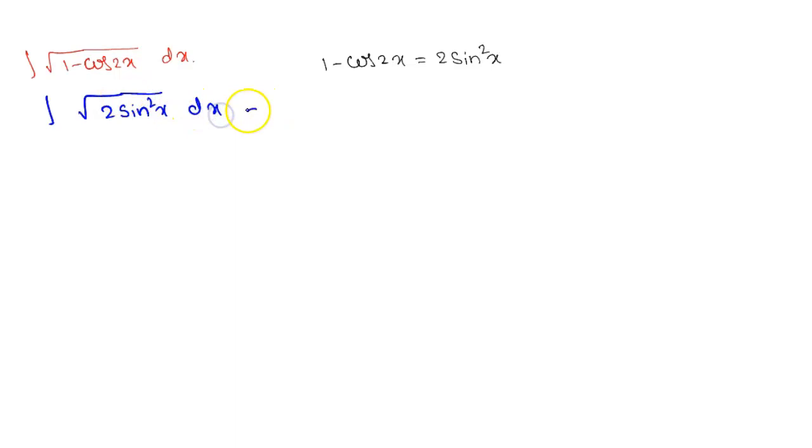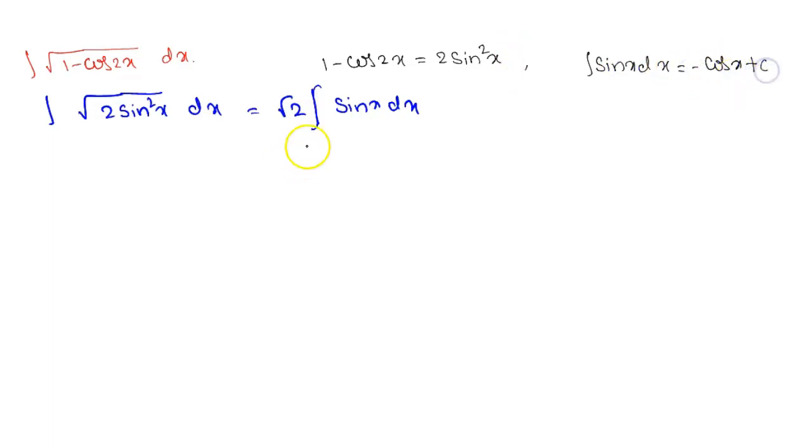This is equal to root 2, which we can take out, times integral sin x dx, as the square and root will get cancelled. Here we need to remember one thing: integration of sin x dx is equal to minus cos x plus c.